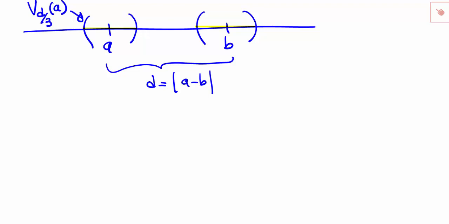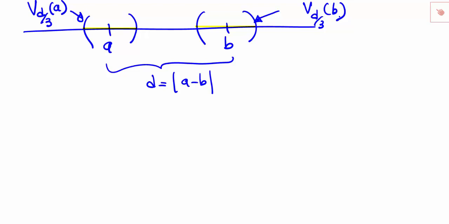So I could have picked d/4, d/5, or whatever. As long as the radius of the neighborhood is less than d/2, we are fine. And again, here we'll pick a d/3 neighborhood around B, right?